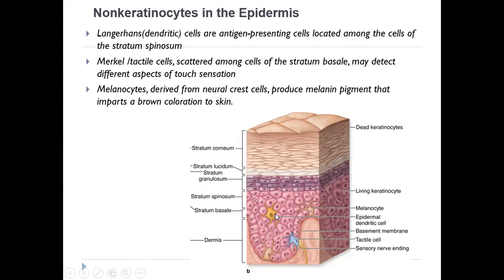Langerhans cells are dendritic cells or antigen-presenting cells. They are located in stratum spinosum. Merkel cells are sensory cells or tactile cells which can detect the touch sensation. Melanocytes impart color to the skin. Melanocytes are derived from neural crest cells.